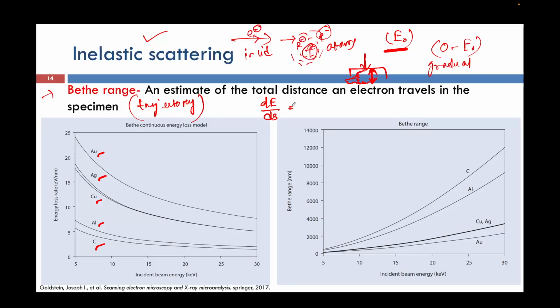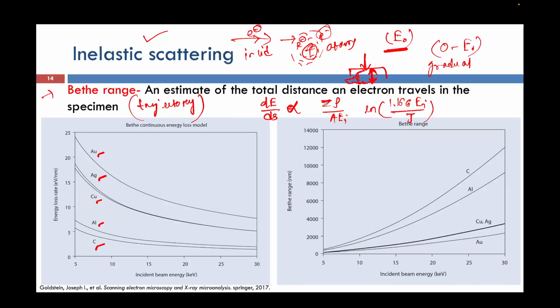So he has given a term, and there is also another complicated term. I'll just write some of the proportionality: A, E I, ln, 1.166. Okay, there is another constant also there.